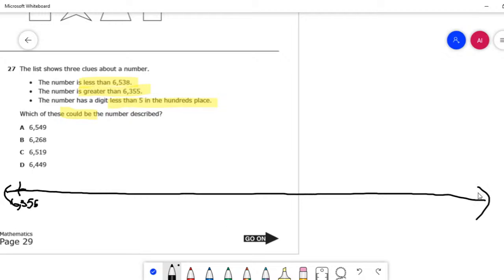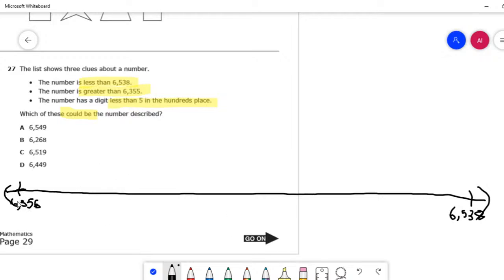Our largest number is 6,538. And let's start thinking about what numbers could go in between here. Let's make this clear. So what numbers could go in between here?